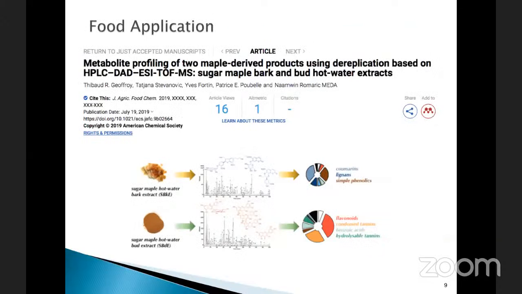It is not only in the drug area, it is also there in food applications as well. This is an example where people have done metabolite profiling for maple derived products using these de-replication approaches.